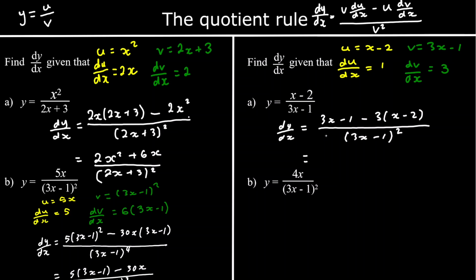So we've got 3x minus 1 minus 3x plus 6. So 3x minus 3x is nothing. Negative 1 plus 6 is 5. We've got 5 over 3x minus 1 squared.